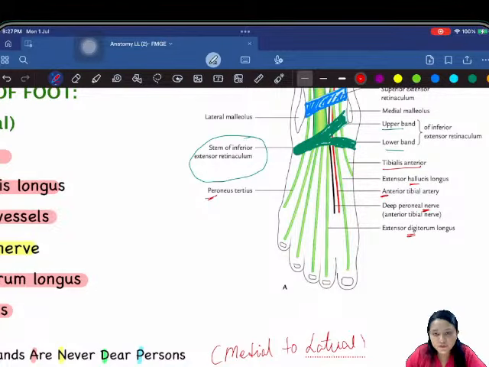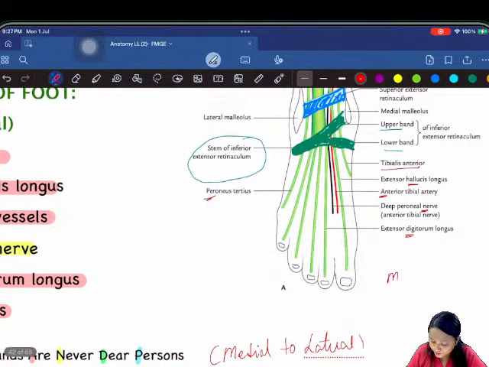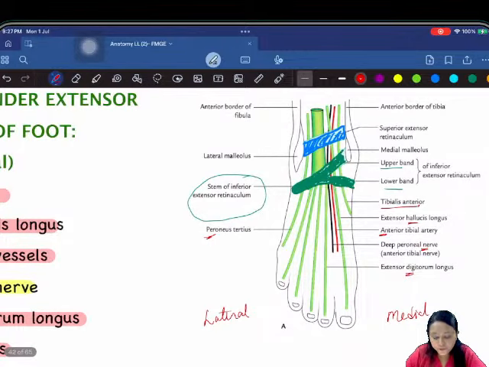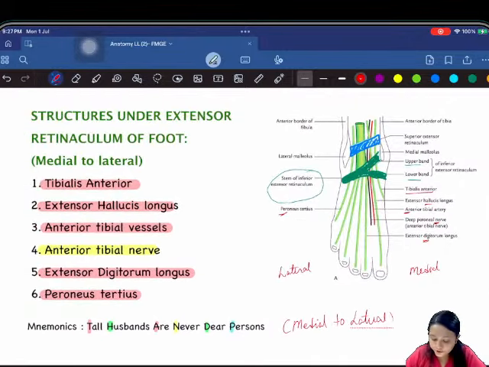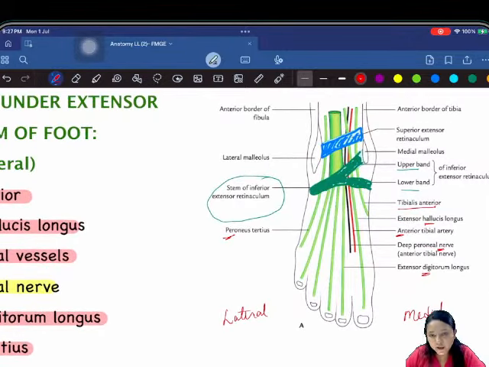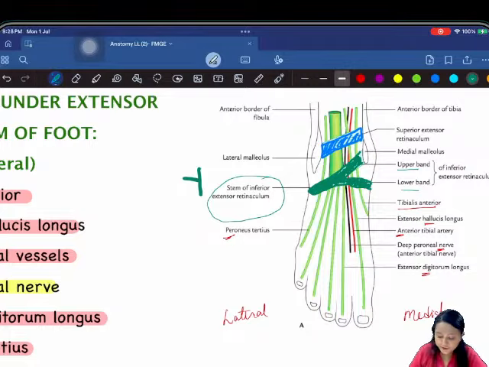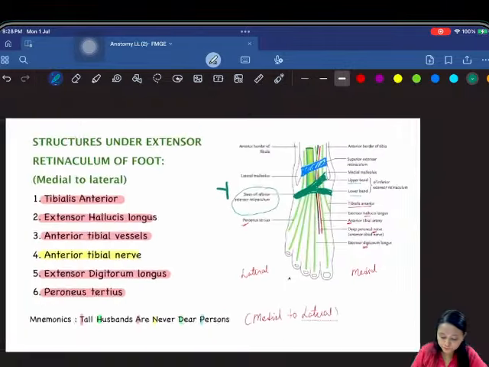Tall husbands are never dear persons. So these are the structures from medial to lateral under the extensor retinaculum. And you know that there are two retinacula, one superior and one inferior. The inferior retinaculum is in the shape of a Y, and the stem of the Y is towards the lateral aspect.